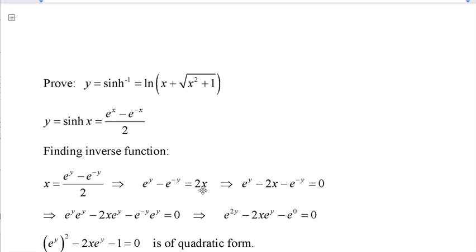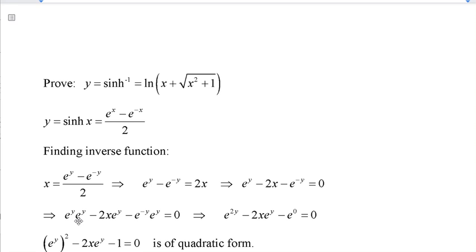And then subtract e to the y from both sides, and then we get negative 2x equals... rather, we get e to the y minus 2x, and then minus e to the negative y. And then from here, multiply each term by e to the y. So multiply this term by e to the y, multiply this term by e to the y, and multiply this term by e to the y.